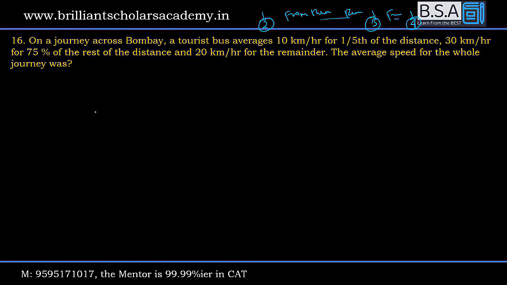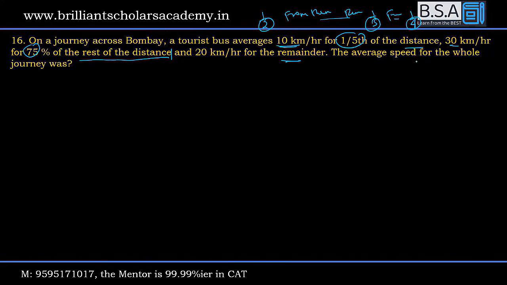A journey across Bombay, a tourist bus averages 10 kilometers per hour for one-fifth of the distance, 30 kilometers per hour for 75% of the rest of the distance, 20 kilometers per hour for the remainder. What is the average speed?